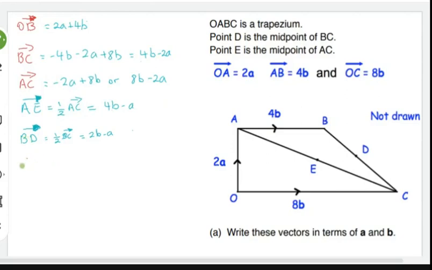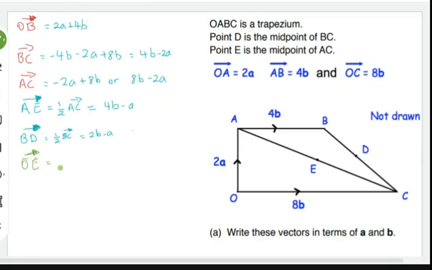Here's one. What about if you wanted to go from O to E? Would that be 4B minus A?